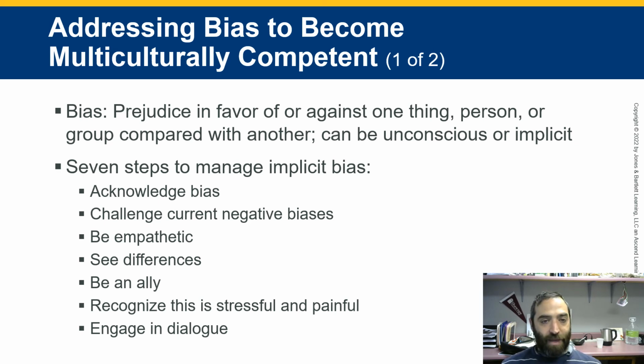You could start with something that's relatively common, like elderly people. Typically people have ageism and they're pretty comfortable believing in those things. So if you say, I have this bias against people who are elderly, let's try to challenge those negative beliefs.